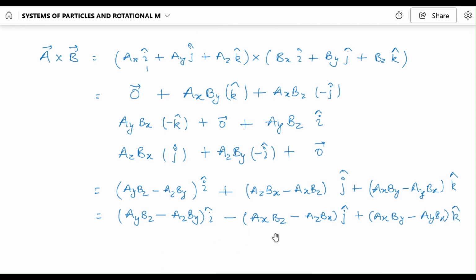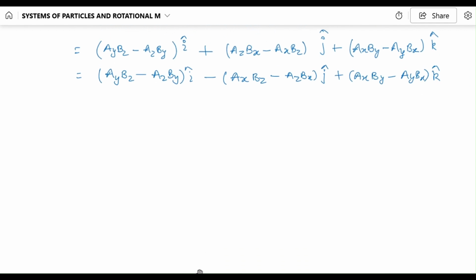Okay, so moving ahead. Now this thing you can write in the form of a determinant.